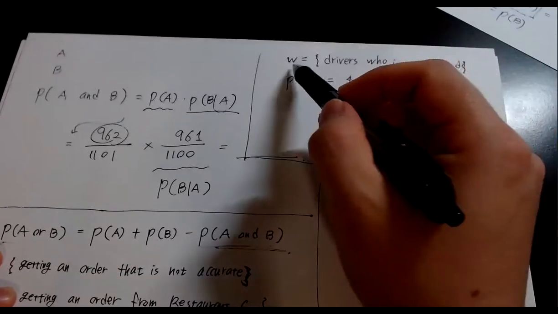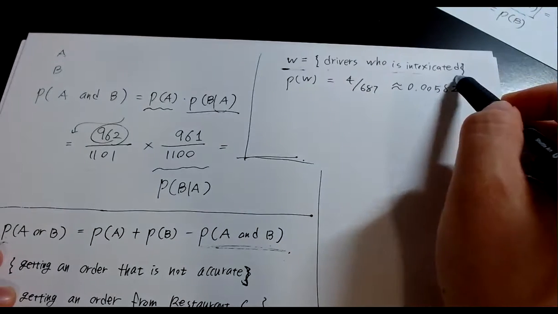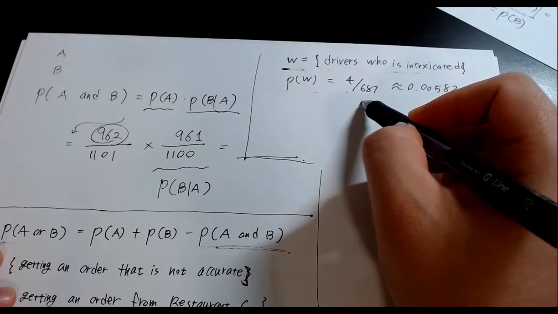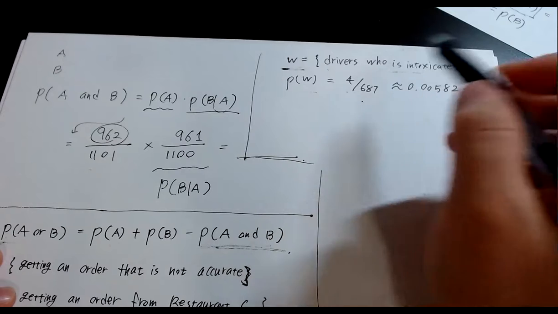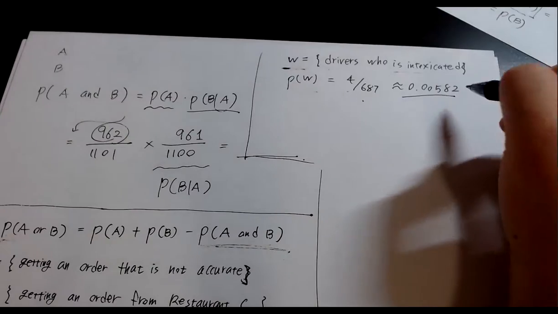What's W? Event W denotes a driver who is intoxicated, right? Then the probability of W is 4 out of 687. The problem says 687 drivers were screened and 4 were arrested for driving while intoxicated, so 4 out of 687 is the probability based on the sample, approximately 0.00582.